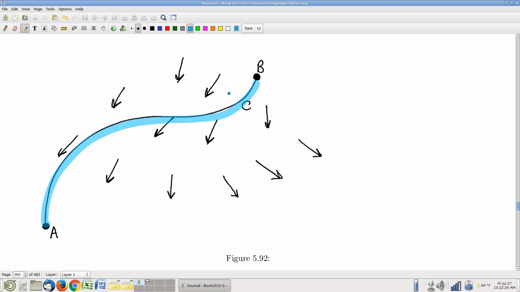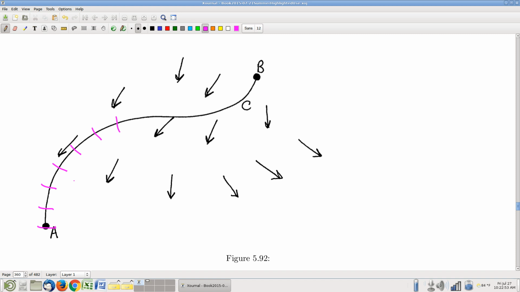Okay, so anyway, here we go. First, chop it up, add it up. I argue that the total amount of work that it takes to do that whole thing is the sum of how much work it takes to move along each little piece. So the sum of that amount of work plus that amount of work plus that amount of work, right? Work is an accumulating quantity.